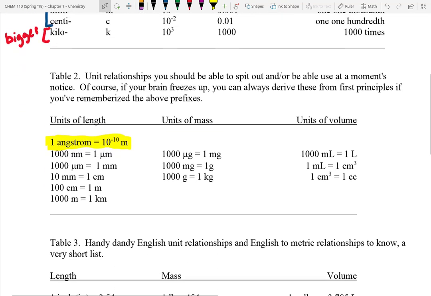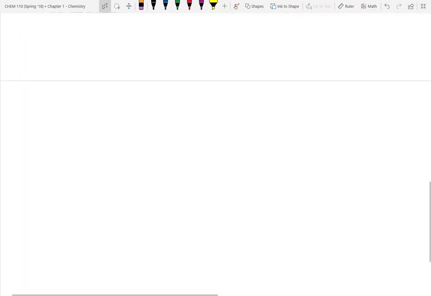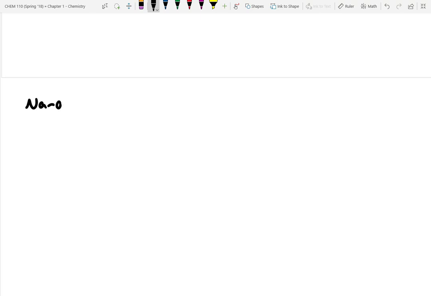I did want to show you guys something though, and this is pretty important, is let's do nanometers first. So 10 to the 9th nanometers is equal to 1 meter, right? So you have a lot of nanometers that can make up 1 meter.